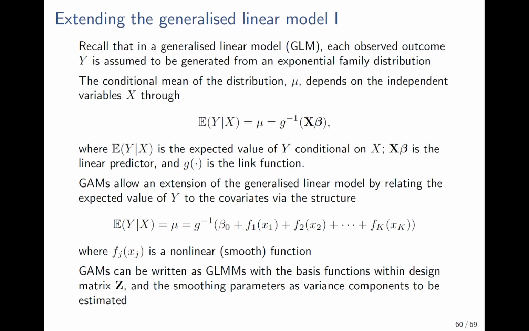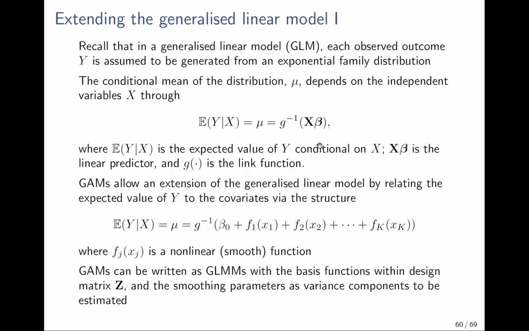Now just to make the point that this isn't just for linear models. Recall that in the generalized linear model we talked about previously, each observed outcome is assumed to be generated from an exponential family distribution, so we can model many different types of distribution. The conditional mean of this distribution depends on the independent variables through this expression here, where g is the link function. This is the expected value of y conditional on x, and x beta is the linear predictor.